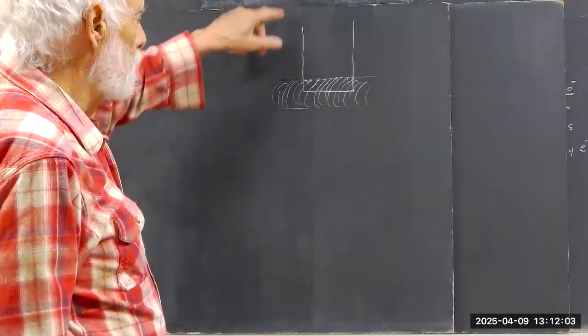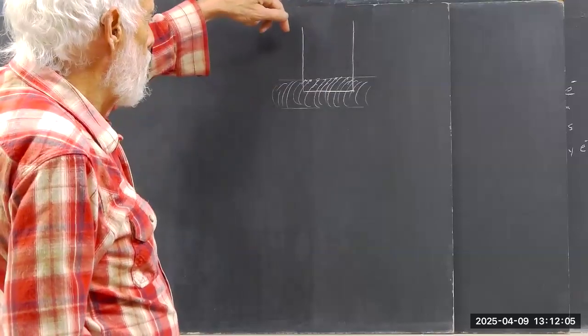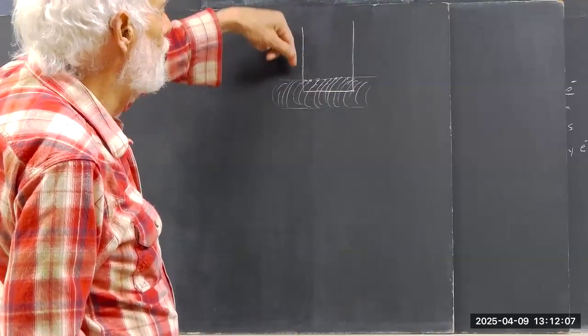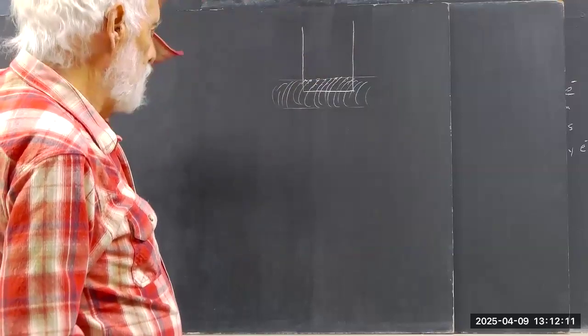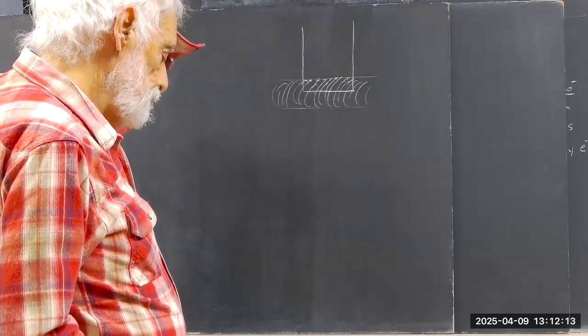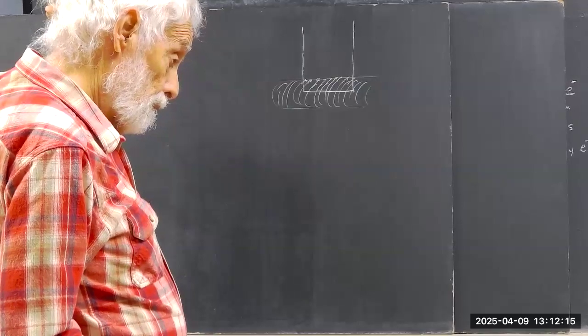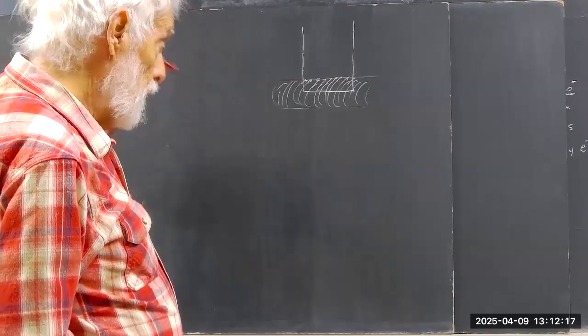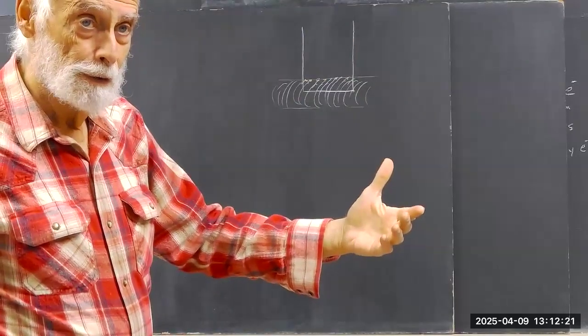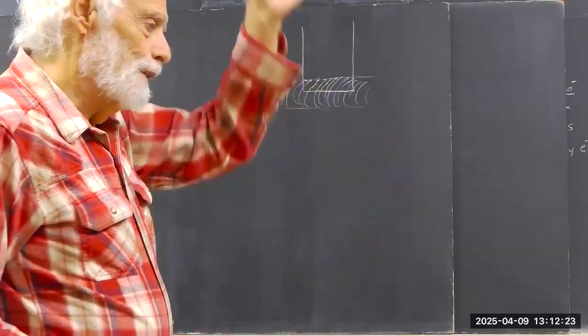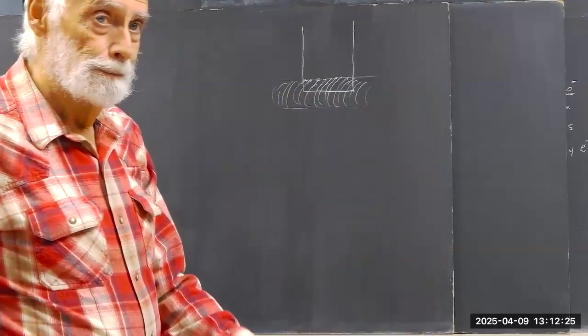So you imagine this loop goes through the cylinder, and let's say the plane of the loop contains the axis of the cylinder. Okay, so it's like coming straight down through the center of the cylinder.